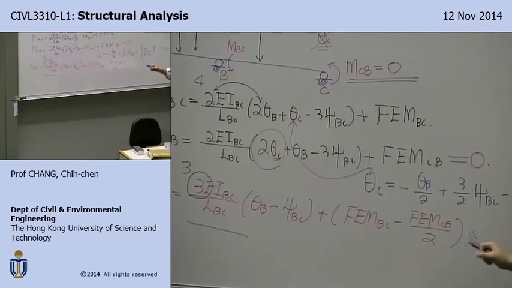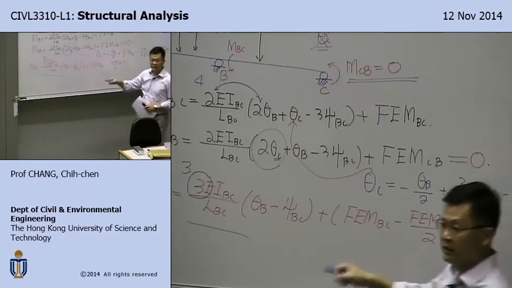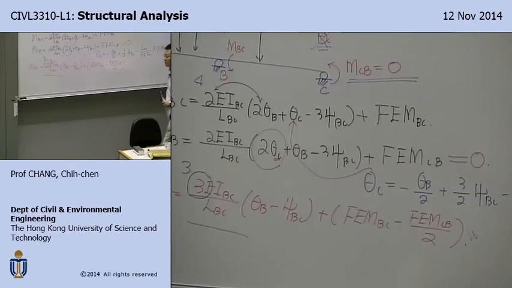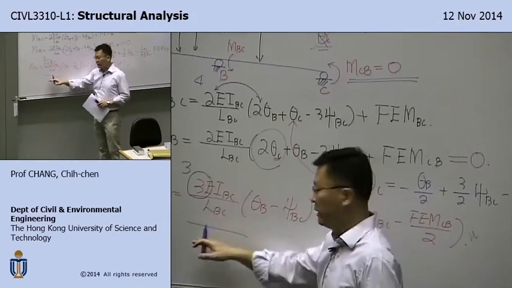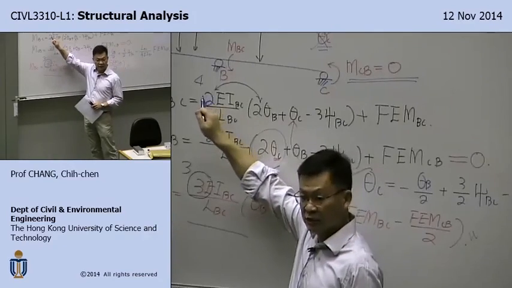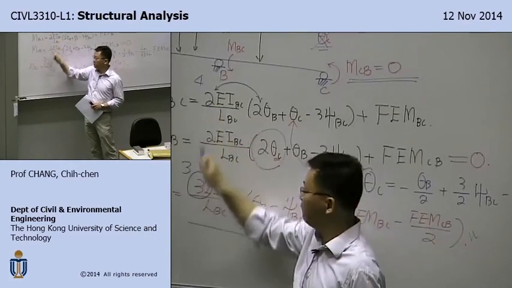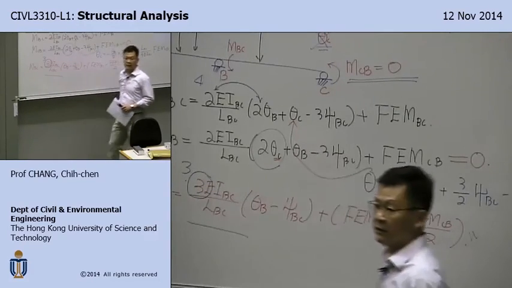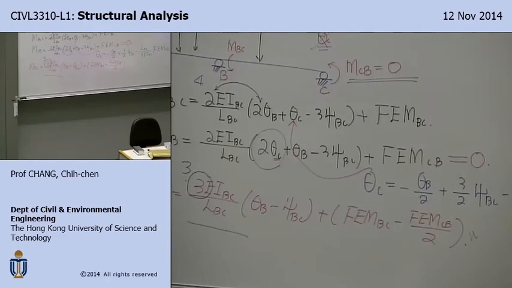That becomes very important when we go to the next chapter, called moment distribution. So you don't need to remember these equations, but just take note of this 4 versus 3 ratio, because we're going to come back to that later on in the last chapter.